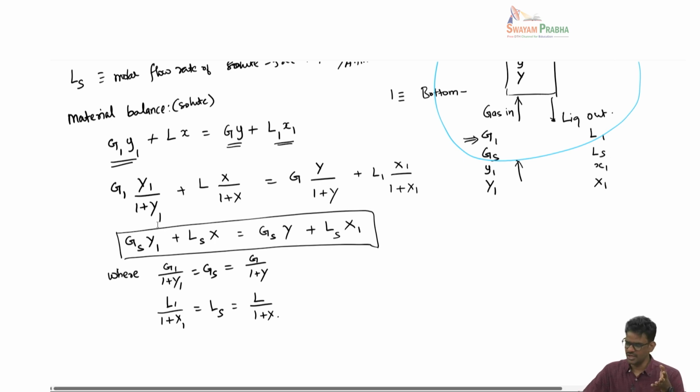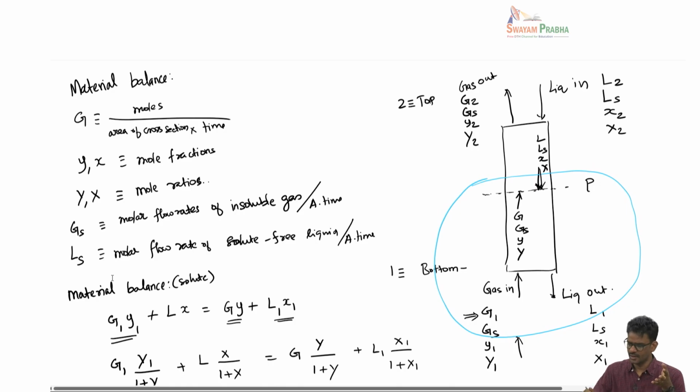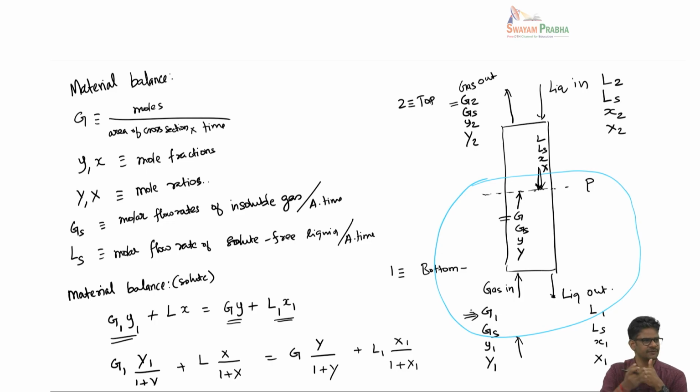If you think about the total molar flow rates G, G1, G2, these are variable, because as the gas goes from the bottom to the top, the solute is getting transferred from the gas phase to the liquid phase. Therefore, the total molar flow rate will keep changing across the column. But if you look at only the insoluble gas part, which is not participating in the mass transfer, that flow rate remains the same.